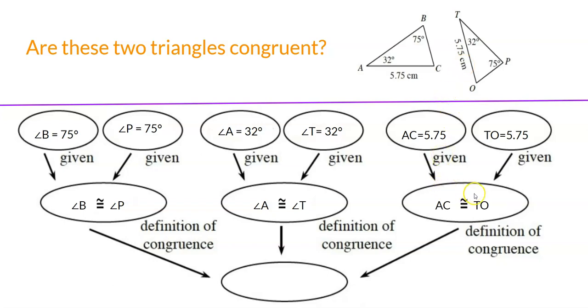After you have gone to this second level, now you can say the two triangles are congruent to each other. But how do you name the triangles?